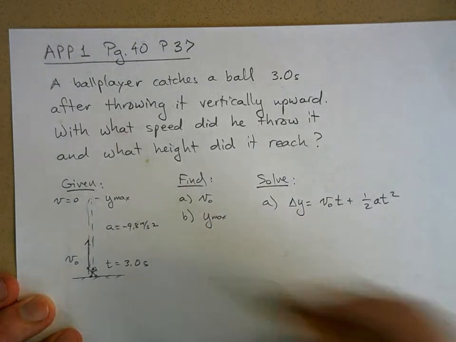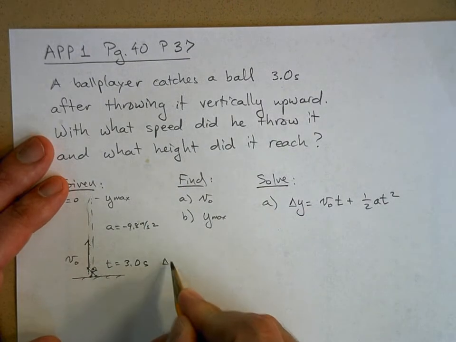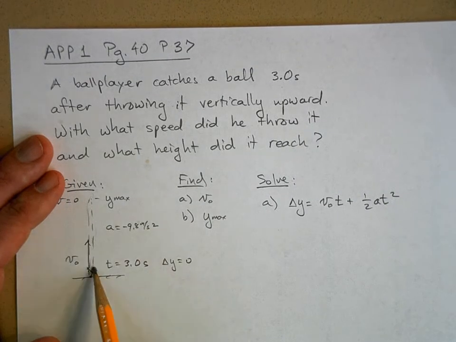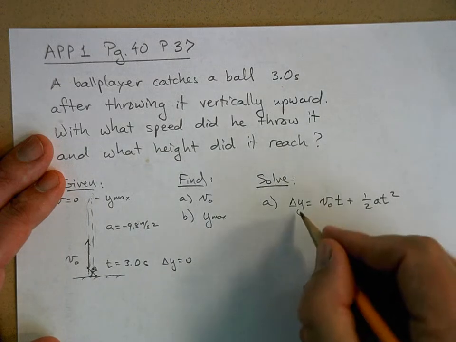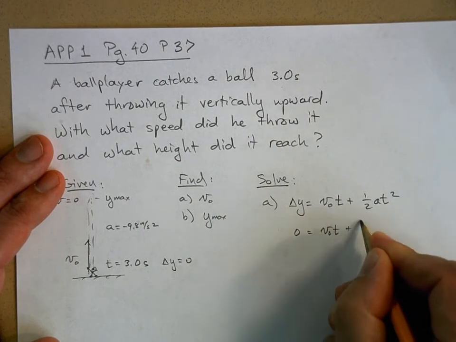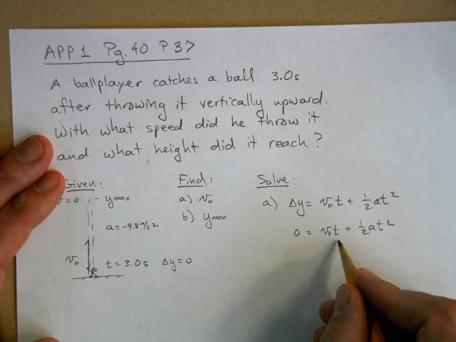So if it goes up and down, well, we know that delta y equals 0 because it goes up and back down. So therefore, 0 equals V0 t plus 1/2 a t squared. So now I can solve for V0.